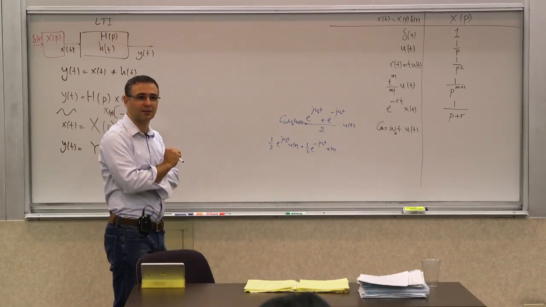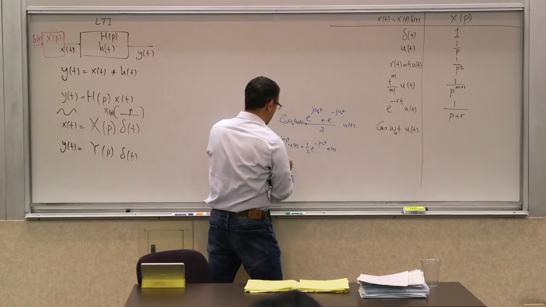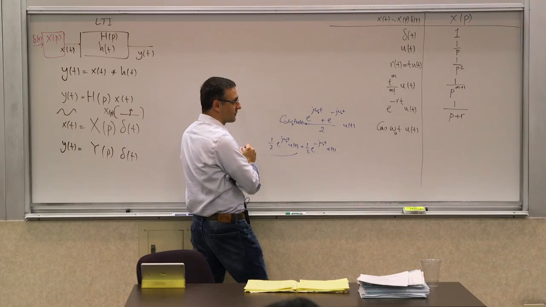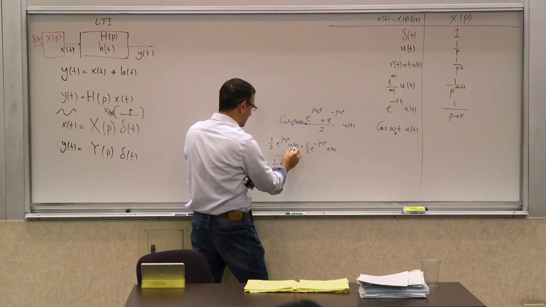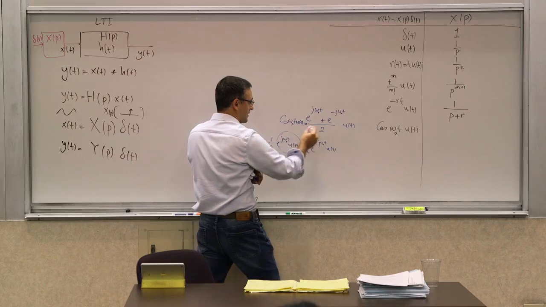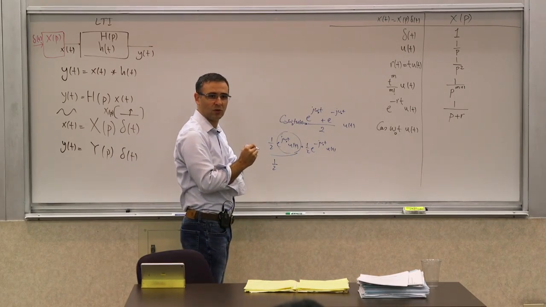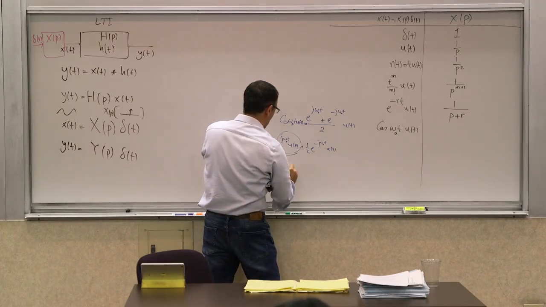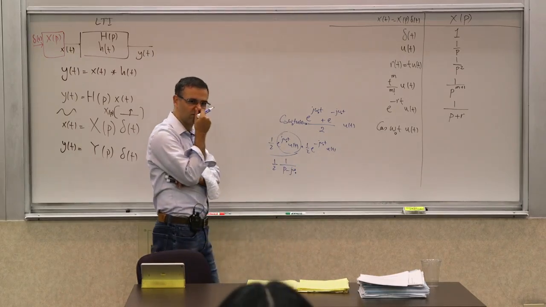So let's do that. So when we plug this into this guy, what do we see? What does this one correspond to? What is the operator associated with this part of it? 1/2 of something. This, that, what is it? 1 over p minus j omega, right?